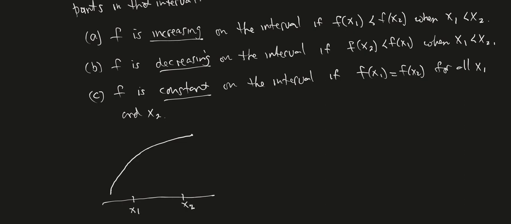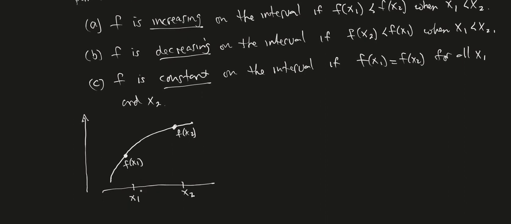Here is my x2, and then this would be f of x1, that would be the y value, and then this would correspond to f of x2, right? So that's what this is saying. This y value, think of your y-axis this way, is smaller than this y value, and this one corresponds to the larger x. So as your x gets bigger, your y value gets bigger, right? So this is the one that indicates increasing.